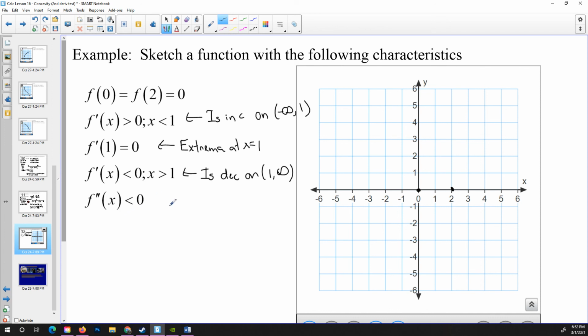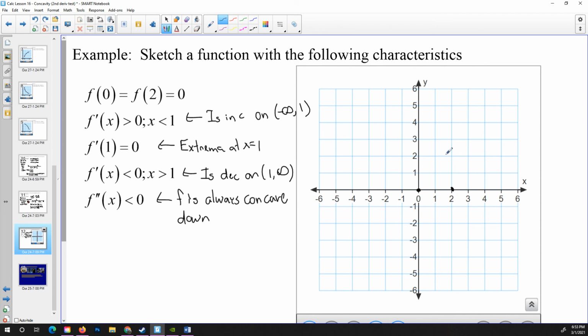And it says that the second derivative is less than 0 and without any constraints, so everywhere else. So this says that f is always concave down.